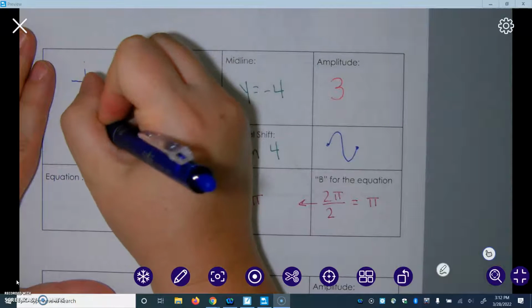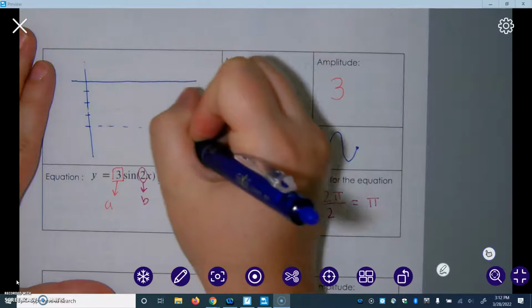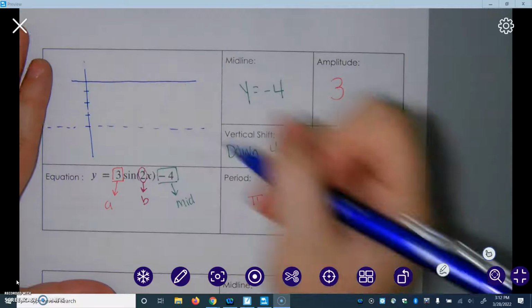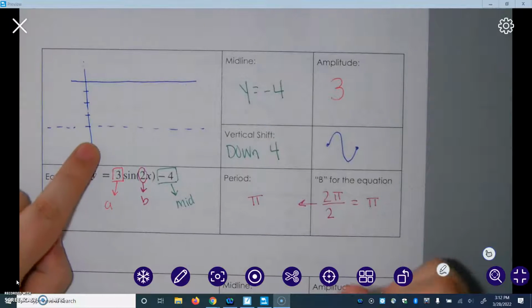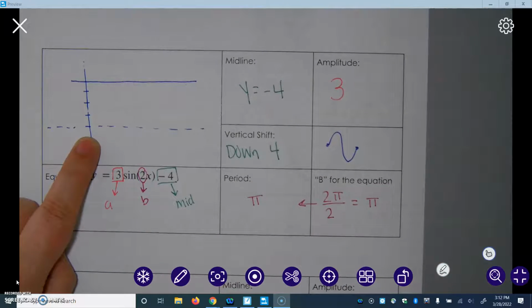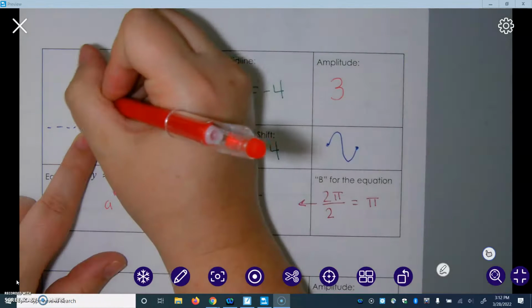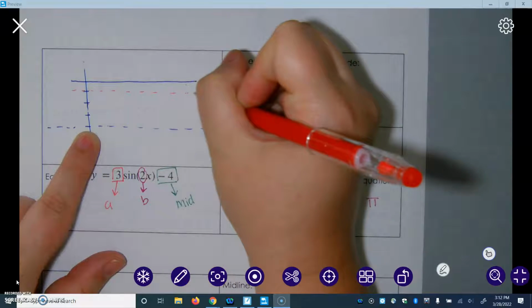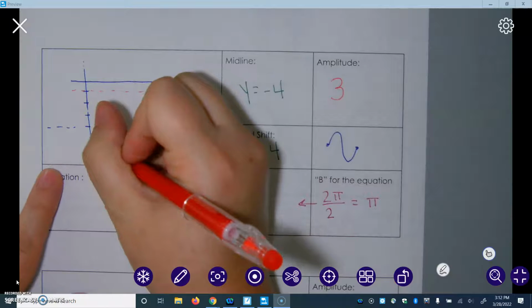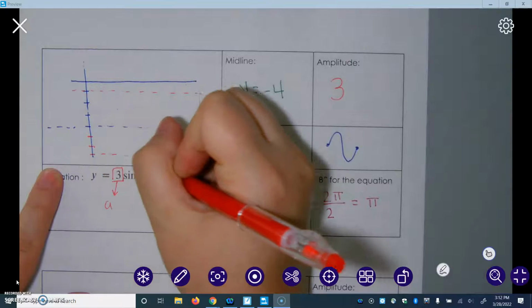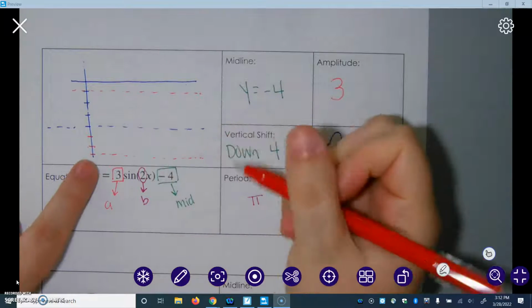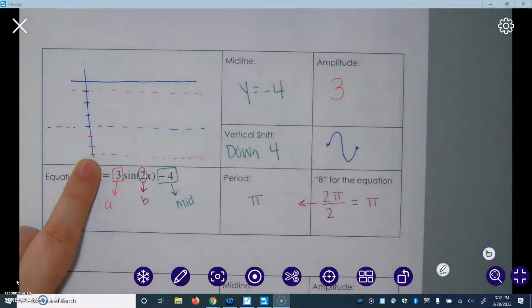So 1, 2, 3, 4. There's my midline. My amplitude is 3. So that means up 3. 1, 2, 3. So this is where my maximums will be. And if I go down 3, that's where my minimums are going to be.